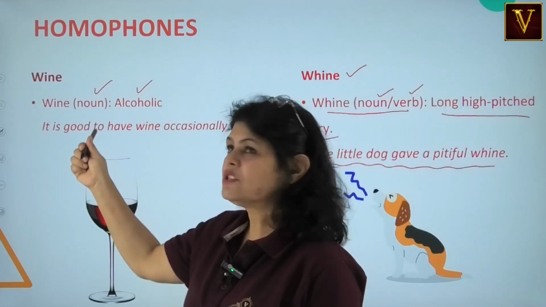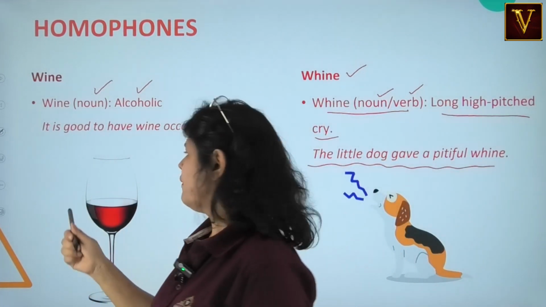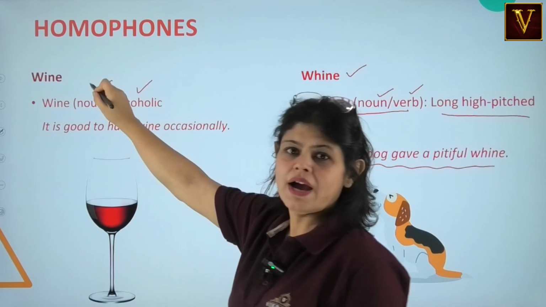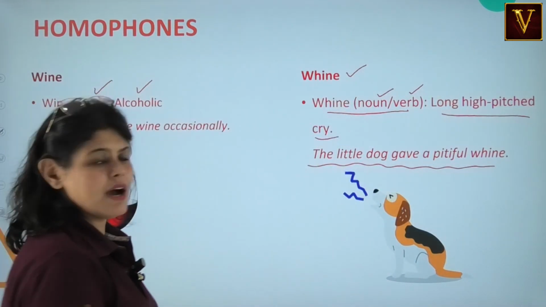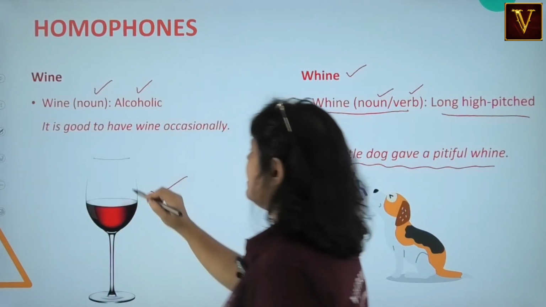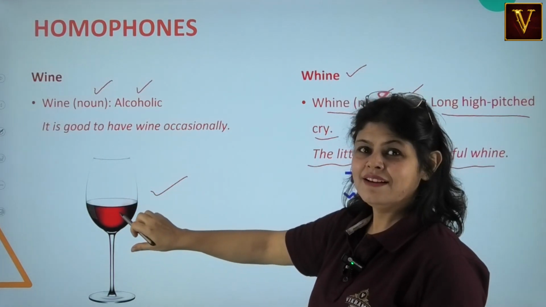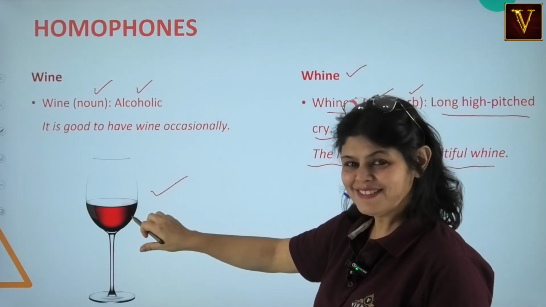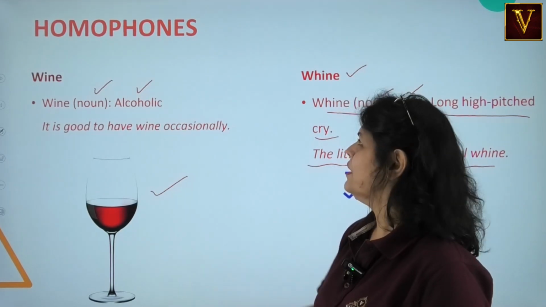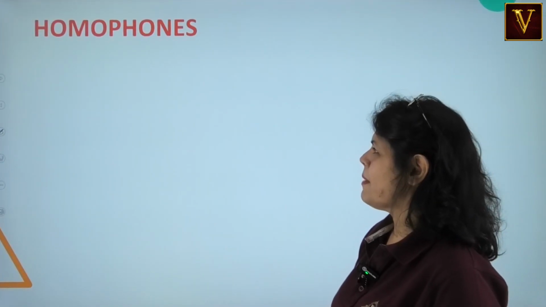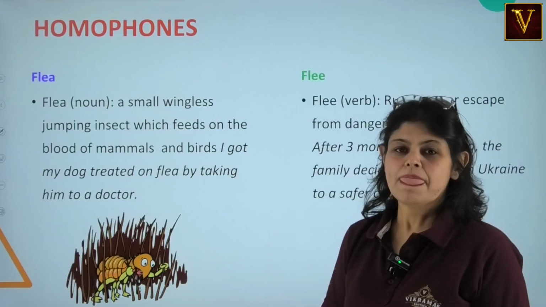But if we talk about alcohol, therein we write W-I-N-E, right? We write W-I-N-E, and the spelling goes with this wine. Got it?